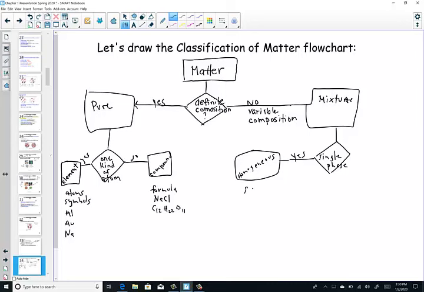Salt water is an example. Let me write that in. We said air is another example. And if it has more than one phase, we call it heterogeneous. More than one phase, we gave an example such as beach sand.